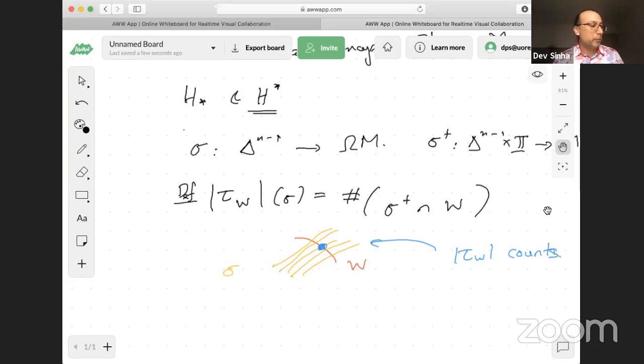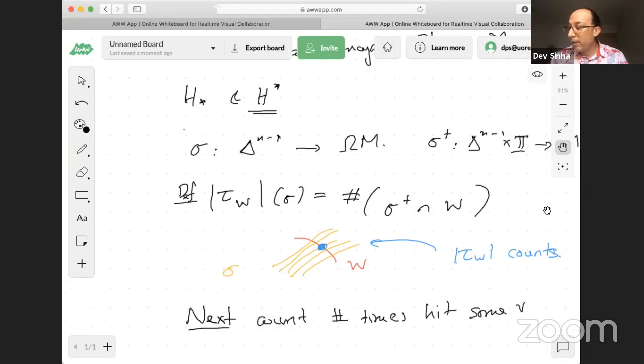Some people call this the suspension or desuspension of the cohomology class associated to W. And again, we think of this as a number of times that sigma hits W, but sigma is now a family of loops. Number of times a family of loops hits W. And the next thing I want to say is we can count the number of times we hit, say, some V, and then in the same loop, W. So let me formalize that a bit.